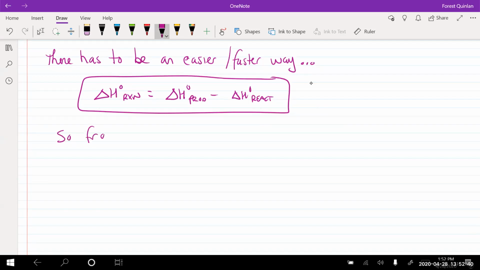So from above, we had the C2H5OH plus 3 oxygens. It goes to make 2 CO2s and 3 H2Os. Okay.